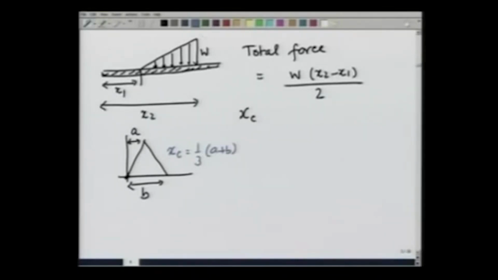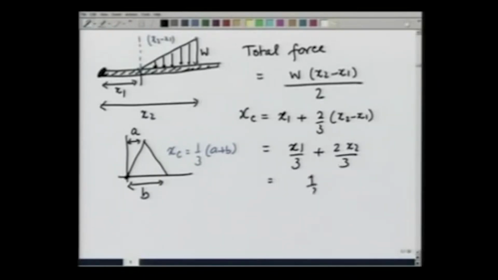In the present case, both the points are at a distance of x2 minus x1 from this corner, and therefore the centroid xc is going to be at a distance from the hinge point here of x1 plus 2/3 (x2 minus x1), which comes out to be x1 over 3 plus 2 x2 over 3, equal to 1/3 (x1 plus 2 x2).